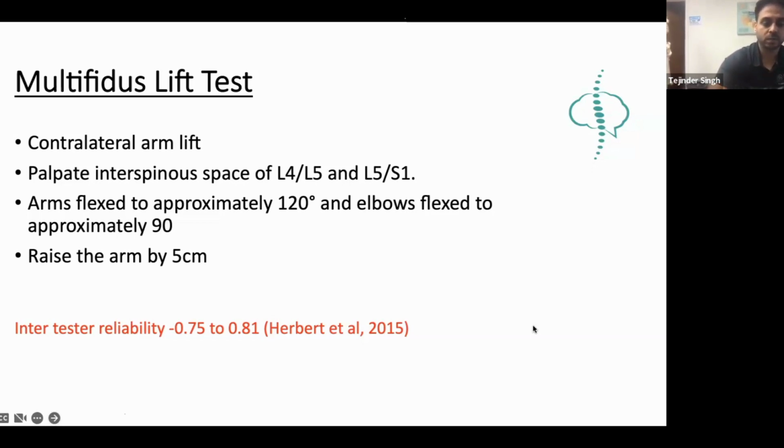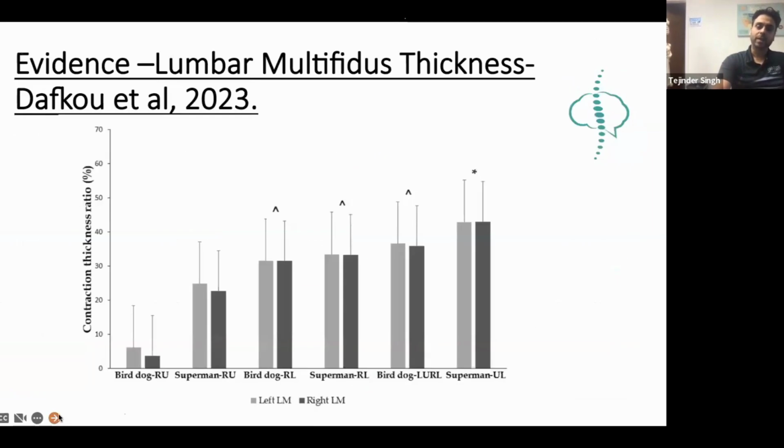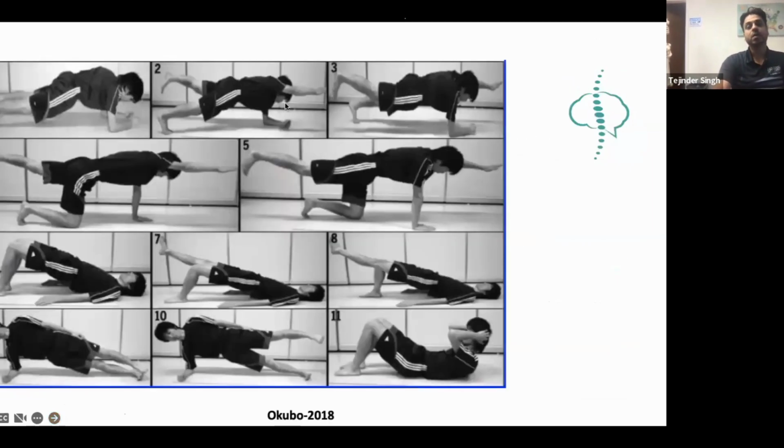Fourth is quadruped, contralateral arm, ipsilateral leg. So you can use other positions given in the research, and there is a reason why they used all these positions, because they were expecting them to be superior to other exercises. You can use all these positions, but the positions of choice are the four.